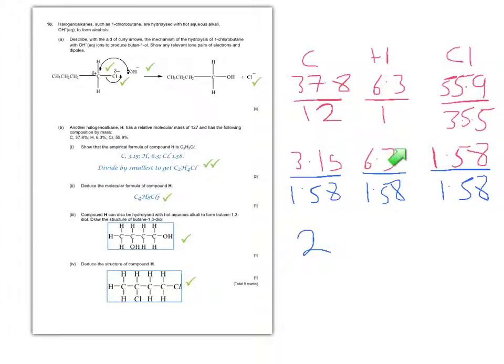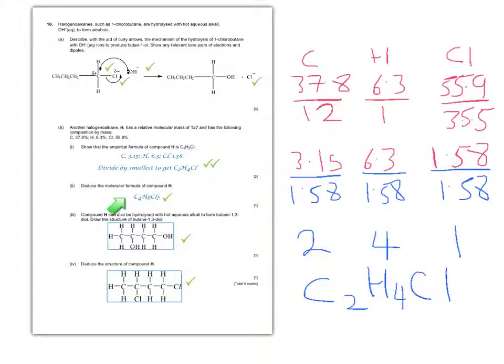And then we have 6.3 divided by 1.58, and that will give us a figure equivalent to 4. And lastly, 1.58 divided by 1.58 will equal 1. The empirical formula therefore is C2H4Cl, just as we have quoted in the mark scheme over here.